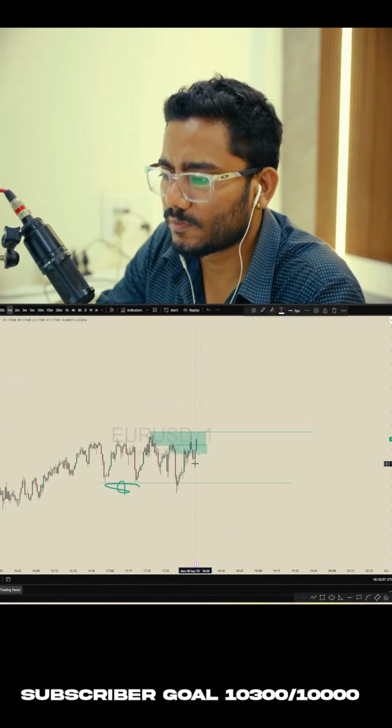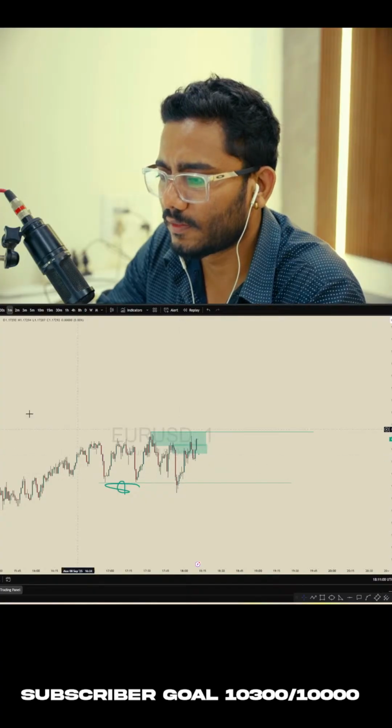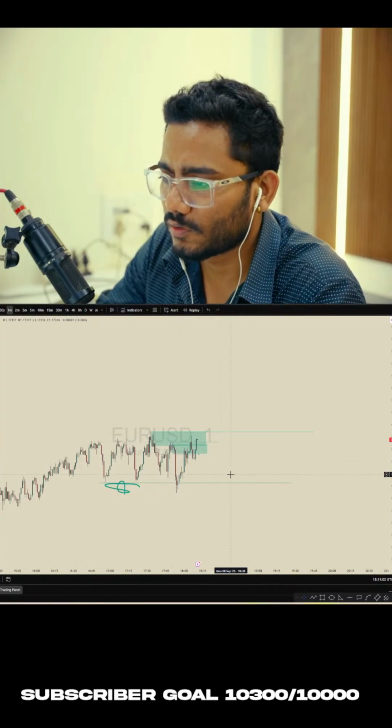So this move was created to sweep the liquidity and now this move has broken. So in which direction should price go?